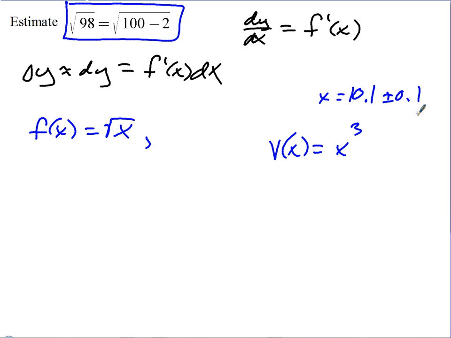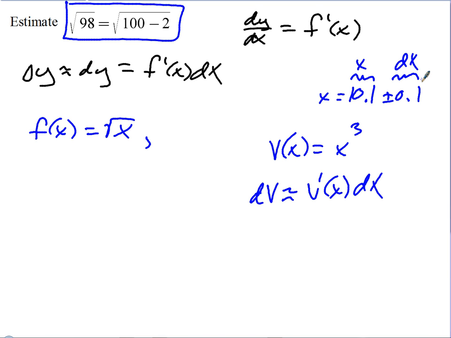Then dV is approximately V prime of x times dx, where this is our x value and this is dx. Since V prime of x is 3x squared, dV equals 3x squared dx.